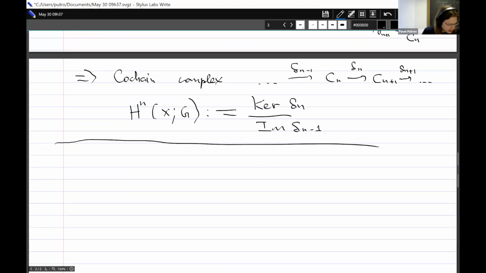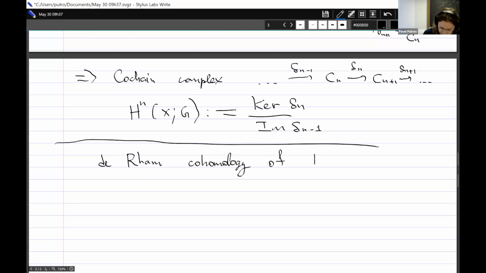Okay, many of you have probably seen the notion of de Rham cohomology, which has some sort of differential geometric interpretation.